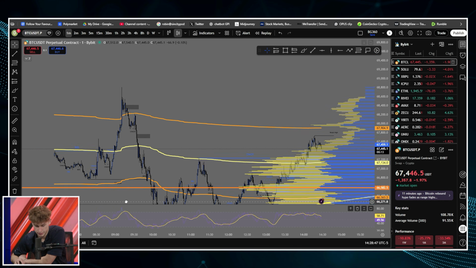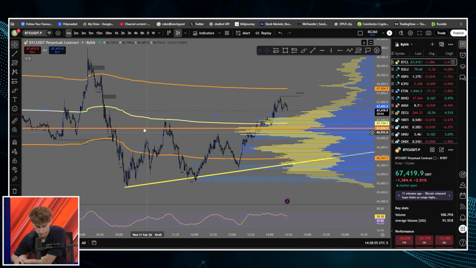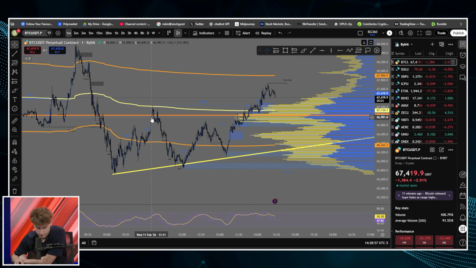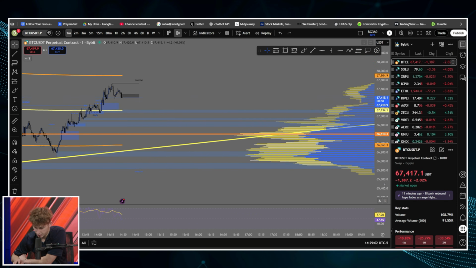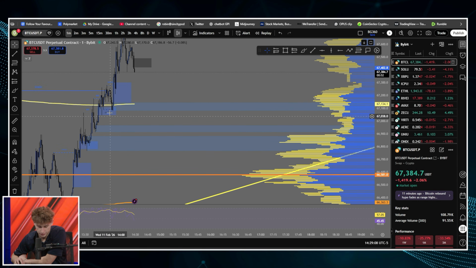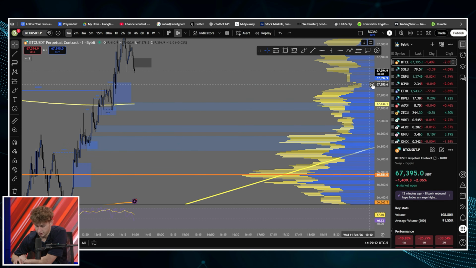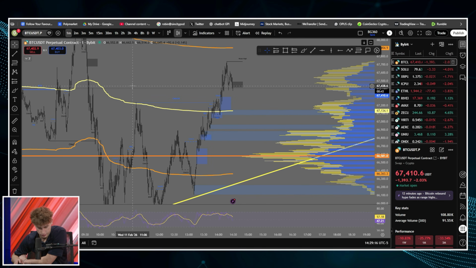If you see right here, this is on the 1-minute, we come up through it, and then we go right back down through it with no resistance at all, and then we started using it as resistance, and then down to the bottom. So I think that it's possible, but I want to see something. I don't want to just put a limit order there and say, okay, it's going to go up from there, because I don't want to get stopped out on a stupid thing of just saying, okay, well, I think it's going to sit right there at the VWAP middle band and then go up. You know what I'm saying?